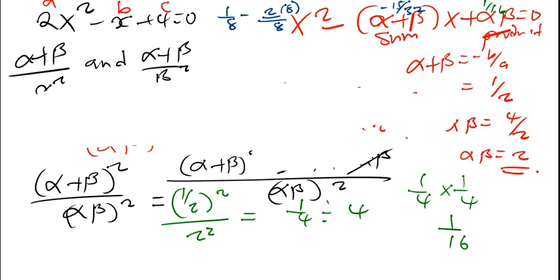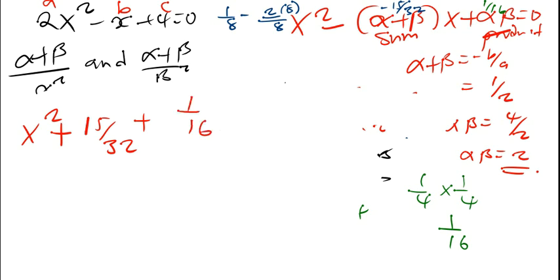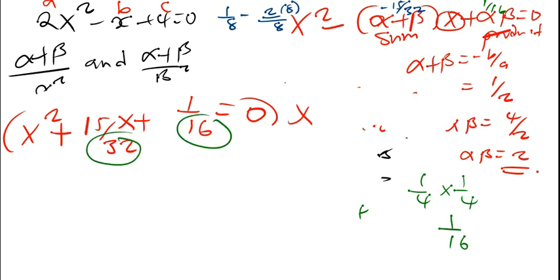Using that, I can now go ahead and write my equation. So x squared minus, open brackets, alpha plus beta is negative 15 over 32. So now negative and negative will cancel. It will give me plus 15 over 32 x plus 1 over 16. But there is x here. Don't forget to put x there. Should be equal to 0. We don't leave our equation like that. Multiply by the number that is big on the denominator, which is 32.